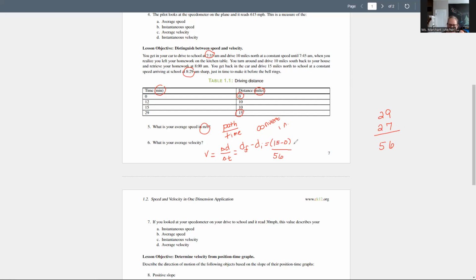Okay, and again, what is that going to be in miles per minute? So make sure you convert using dimensional analysis. Dimensional analysis.